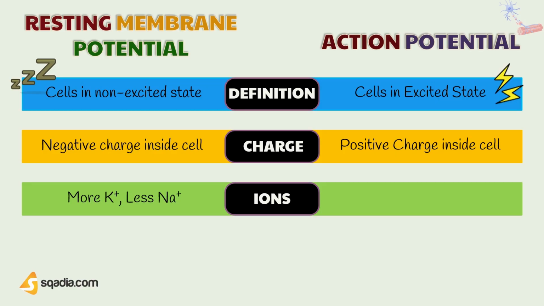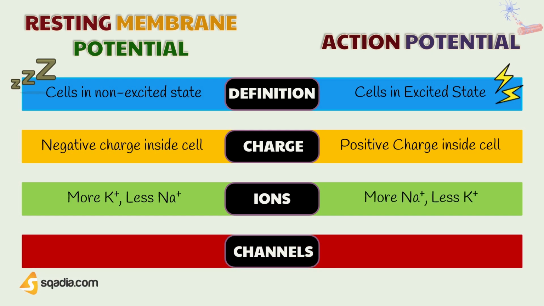There will be more sodium inside the cell and less potassium inside the cell. Lastly, what were the channels that were involved in the resting membrane potential and action potential? In resting membrane potential, the sodium-potassium pump and potassium leak channels were involved, and in action potential, voltage-gated sodium and potassium channels were involved, as we discussed in the graph.